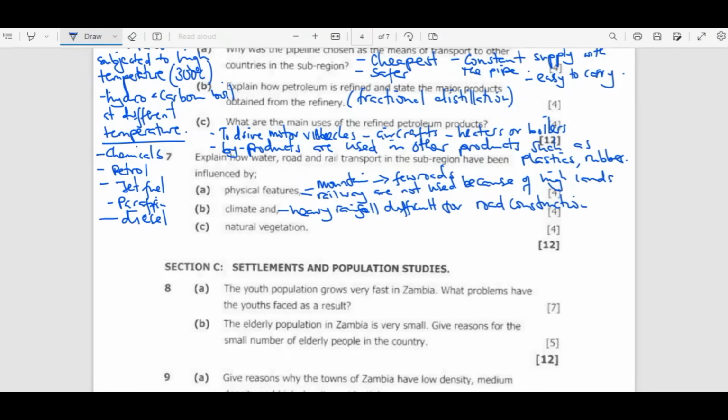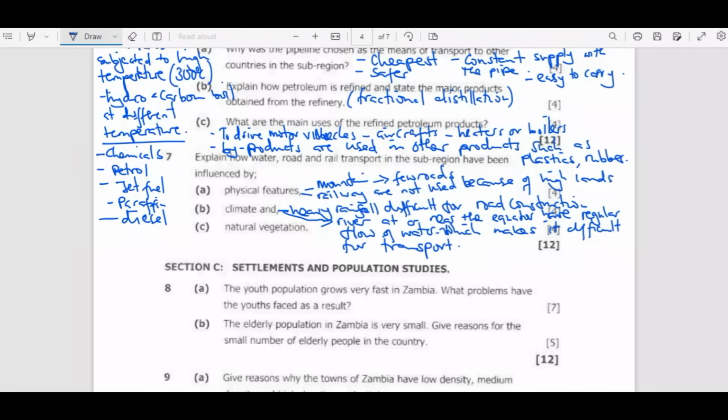And then apart from that, we can look at rivers. So rivers at or near the equator have regular flow of water, which makes it difficult for transport.